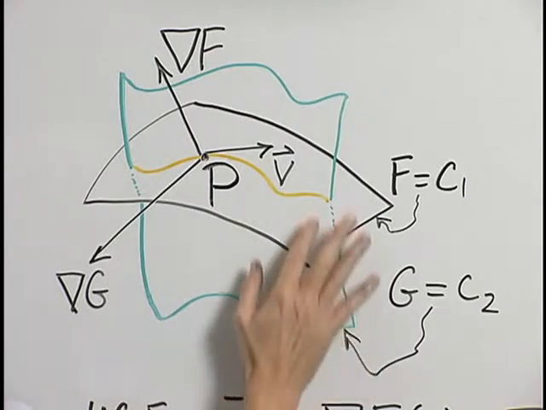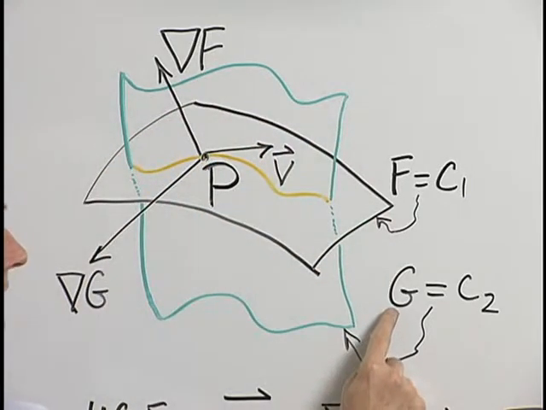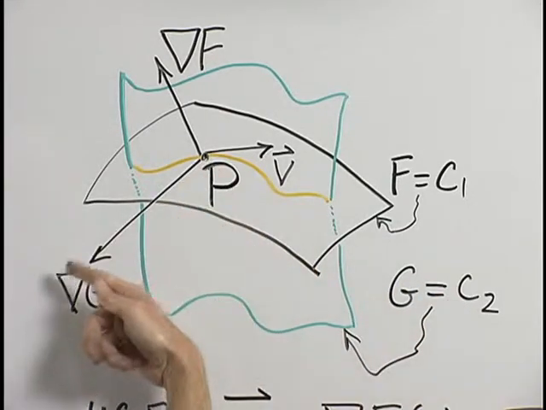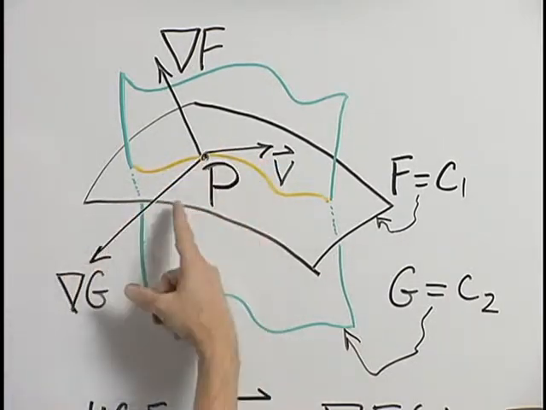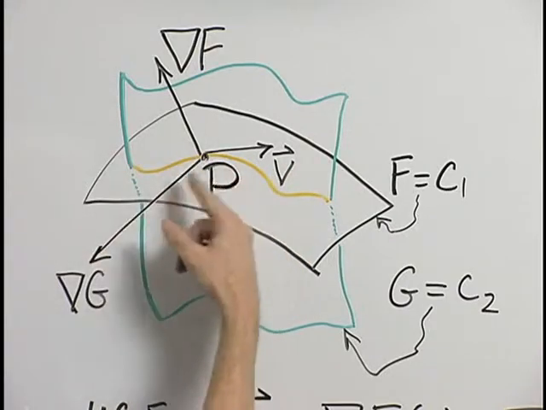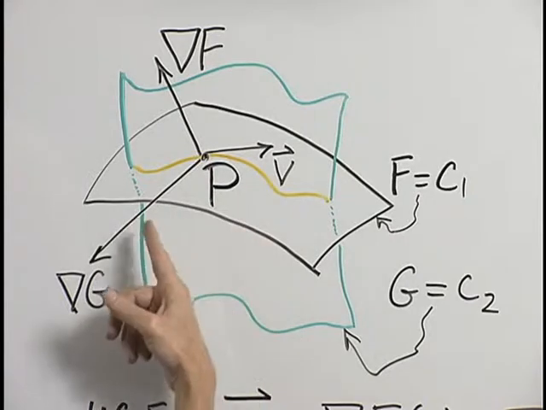The same argument applies to the blue-green sheet. It's given by some equation capital G equals constant C2, and so the gradient of capital G is perpendicular to the blue-green surface at that point, and therefore, since the curve lies in the blue-green surface, it's also perpendicular to that curve and its tangent vector.